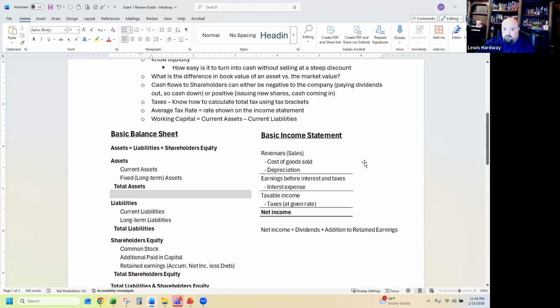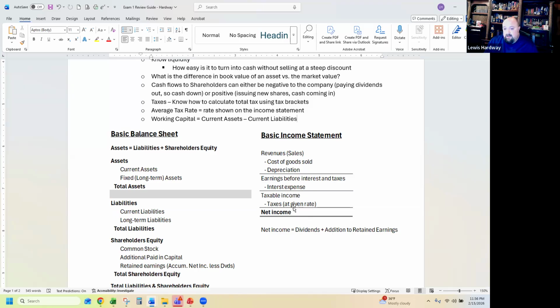Then here I've got a basic income statement. And once again, the big thing with these is being able to solve for X. Like if it gives you all the pieces except for, say, cost of goods sold or depreciation or interest expense, you can work your way backwards to figure out which piece is missing.